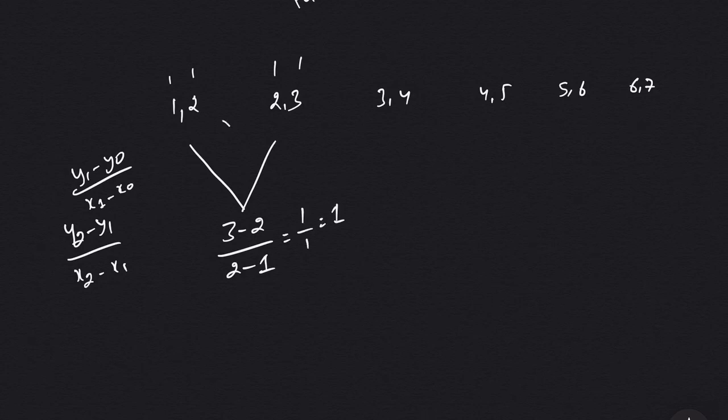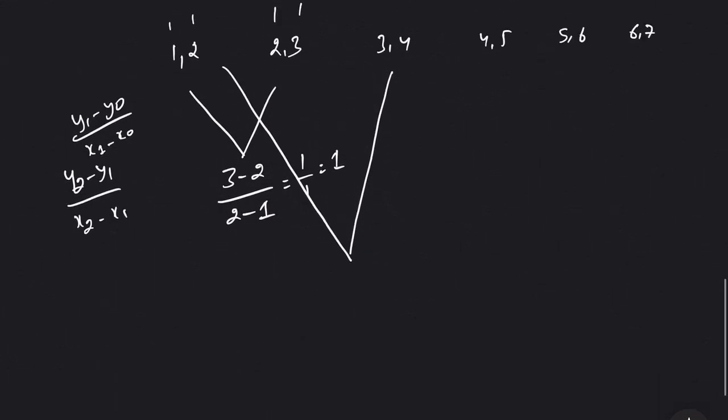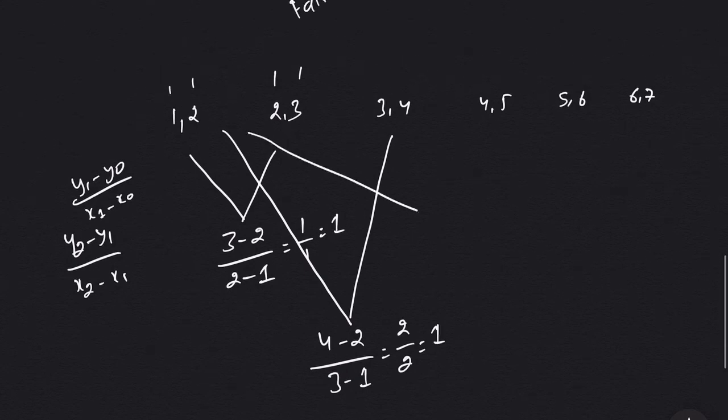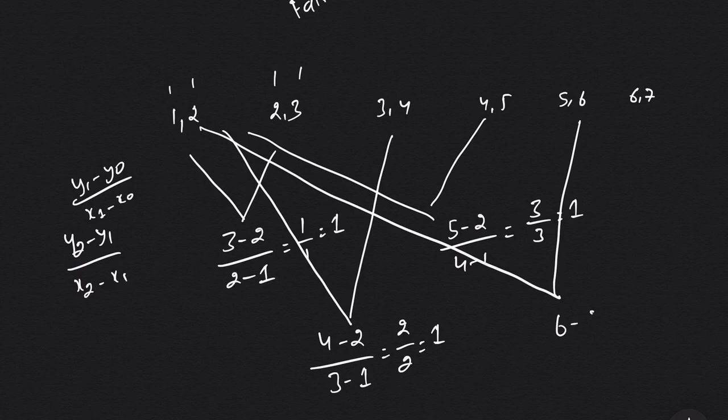If I take the slope of these two, that is 4 minus 2 over 3 minus 1, that is again 1. For these two, 5 minus 2 over 4 minus 1, again 1, and the same goes on. 6 minus 2 over 5 minus 1.